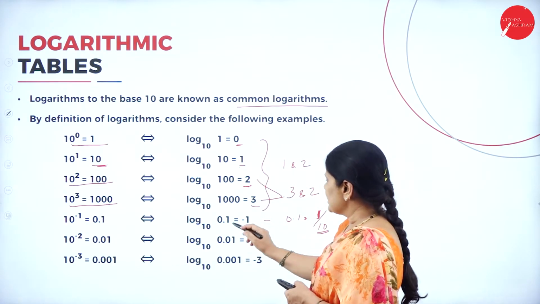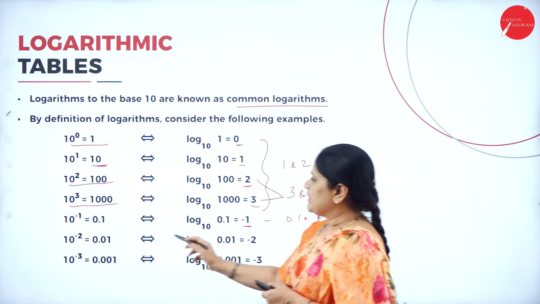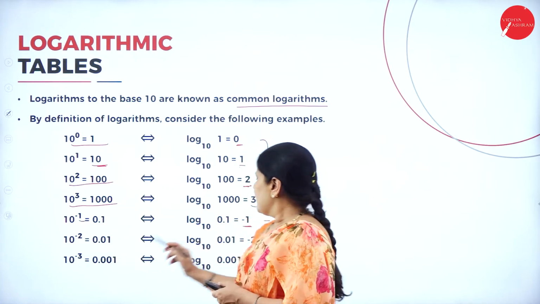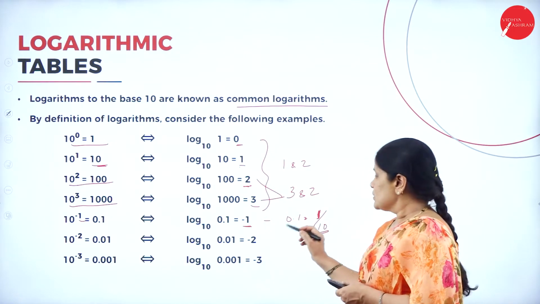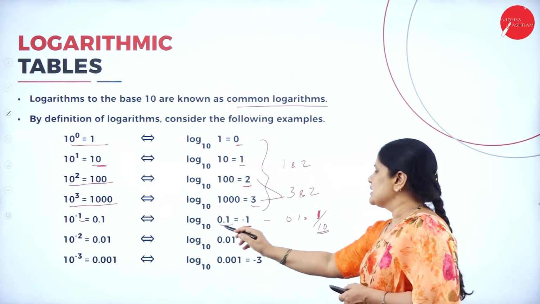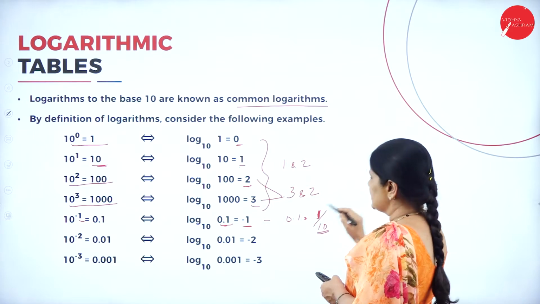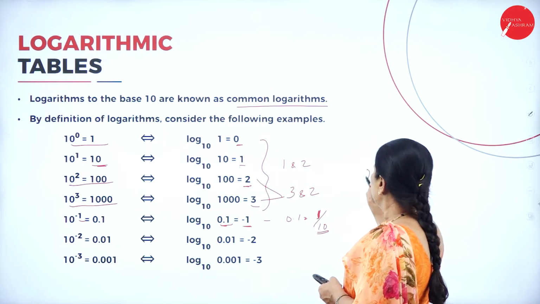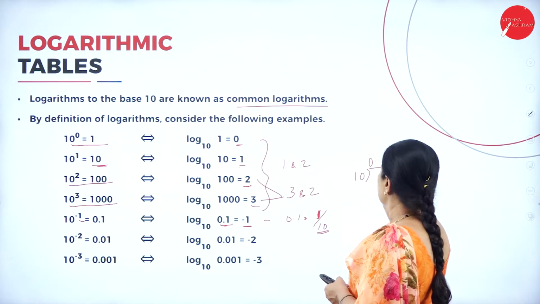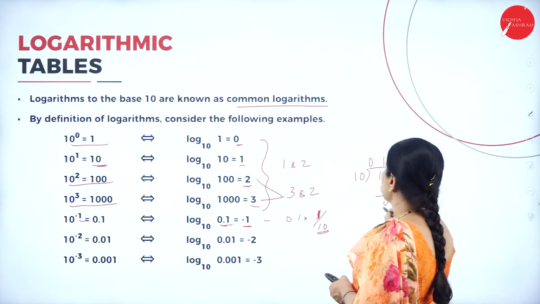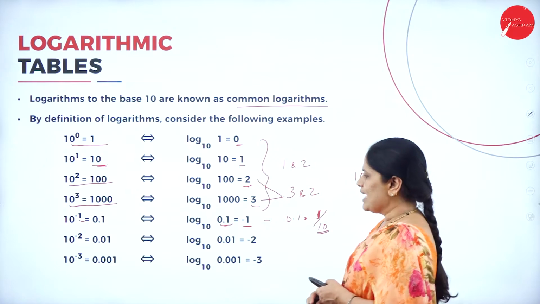So why is it minus 1? Because the power is minus. When the power is minus, we bring this 1 by 10. So we write 0.1 as 1 divided by 10. Then 10 ones are 10. So 0.1 is the answer.